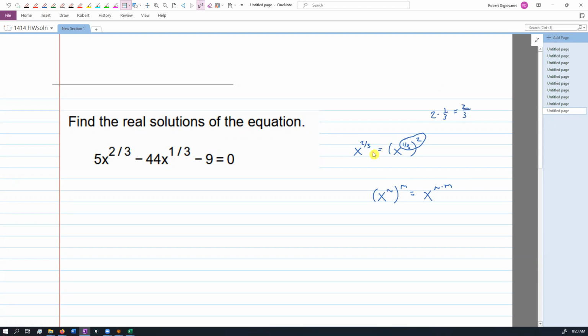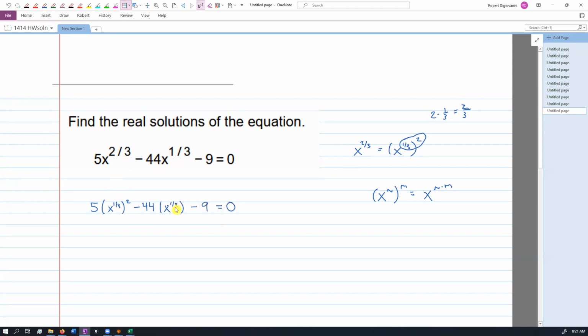That's why I can rewrite x to the 2/3 as x to the 1/3 squared. Now I did 1/3 because this middle term has a 1/3 on the x. So now I can rewrite this 5, and then this becomes that x to the 1/3, but squared. Then minus 44, and then that x to the 1/3 again, and then minus 9 equals 0.